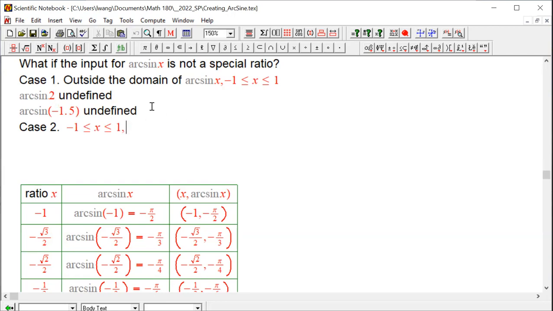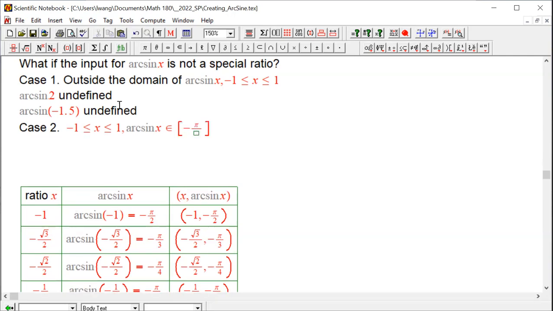Whatever value it is, ArcSine is predictably going to produce an angle, an arc length or radian, and you can expect that answer to be between -π/2 and π/2. That is the power of knowing the domain and the range.